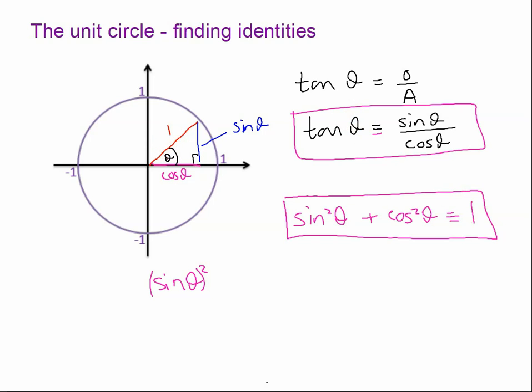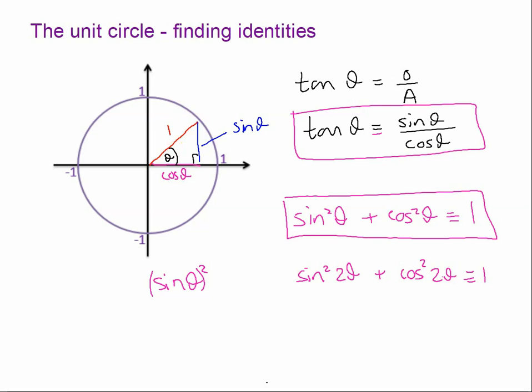And what I'm trying to say here is if I change the angle from theta to say 2 theta, this would also be identical to 1. Because it doesn't really matter what this angle is, that radius is still going to equal 1. The important thing is that it's the same angle. You couldn't have 2 theta here and 1 theta here. That wouldn't make any sense because it's not obeying Pythagoras' theorem.